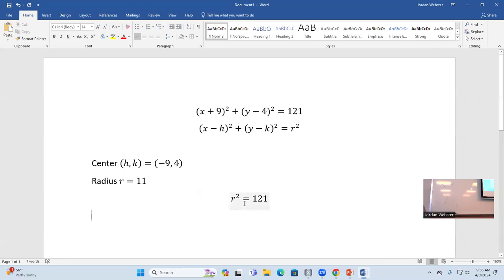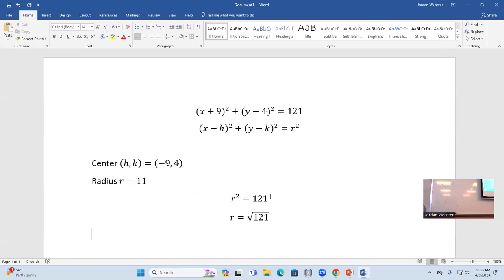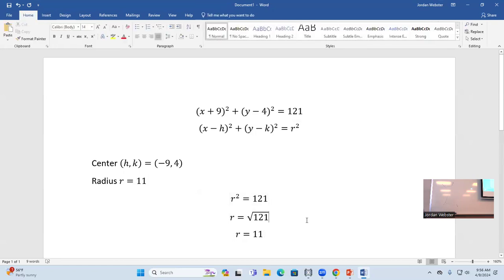So radius is going to be the positive square root of 121, which is 11. So that's how I'm getting the radius.